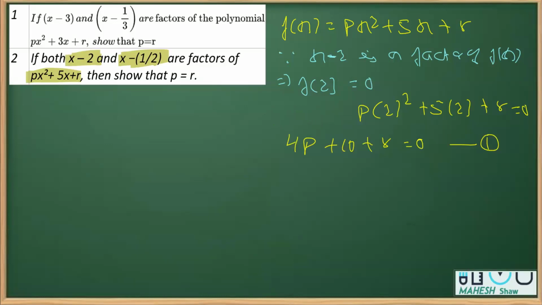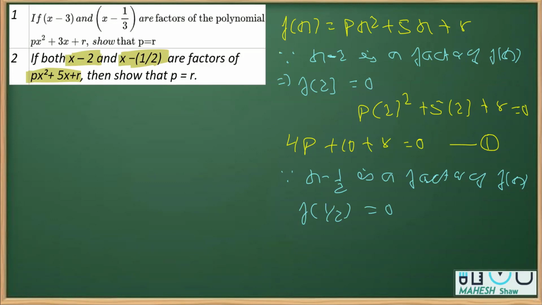Now in the next part, here also we'll write, since x minus half is a factor, as the question says it is a factor of f(x). So like the previous part, I can say that f(half), the zero of this being half, is equal to 0. Now we are going to replace x with half.